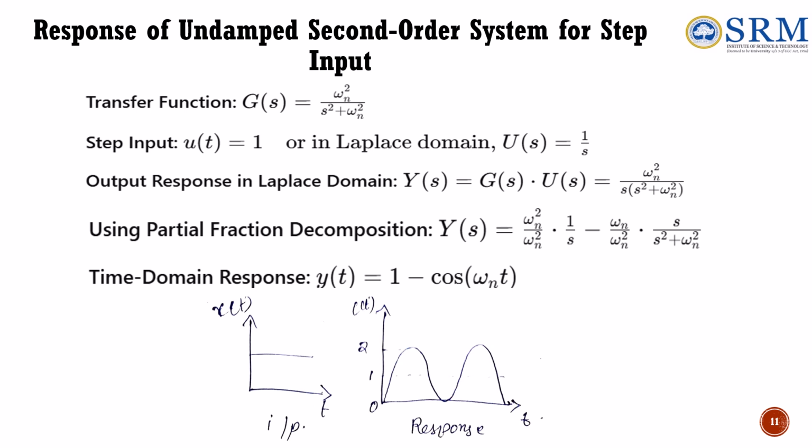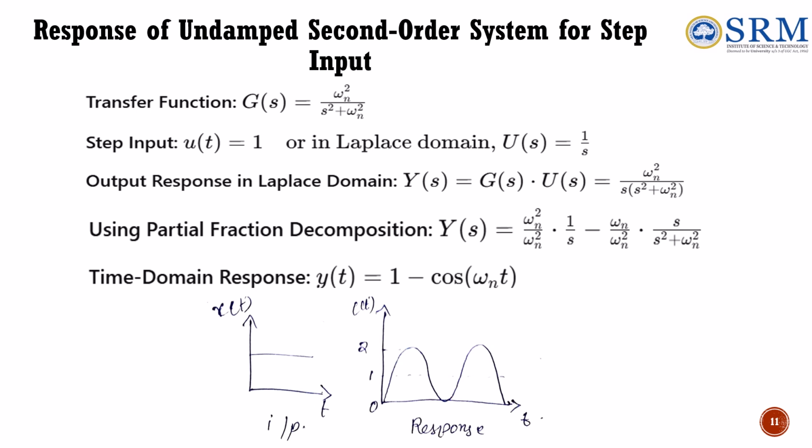So when we substitute zeta equal to 0 in omega n square by s square plus 2 zeta omega n s plus omega n square, we can get the transfer function for the undamped second order system as omega n square by s square plus omega n square.